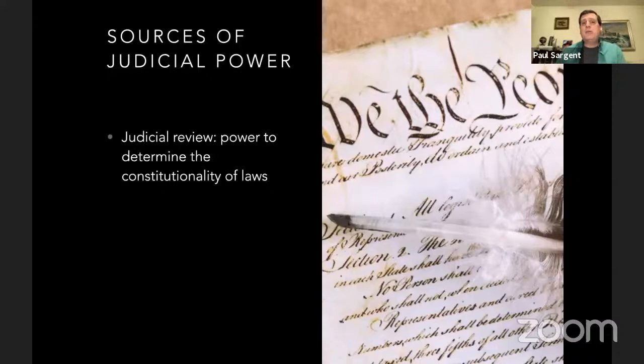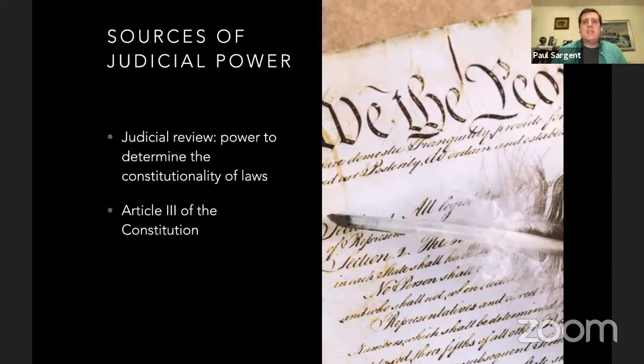Now, this requires them to do some interpretation. How do you interpret the law which is written? How do you interpret the Constitution as it's written? And the interpretations of those things are where we get wildly different Supreme Court opinions.